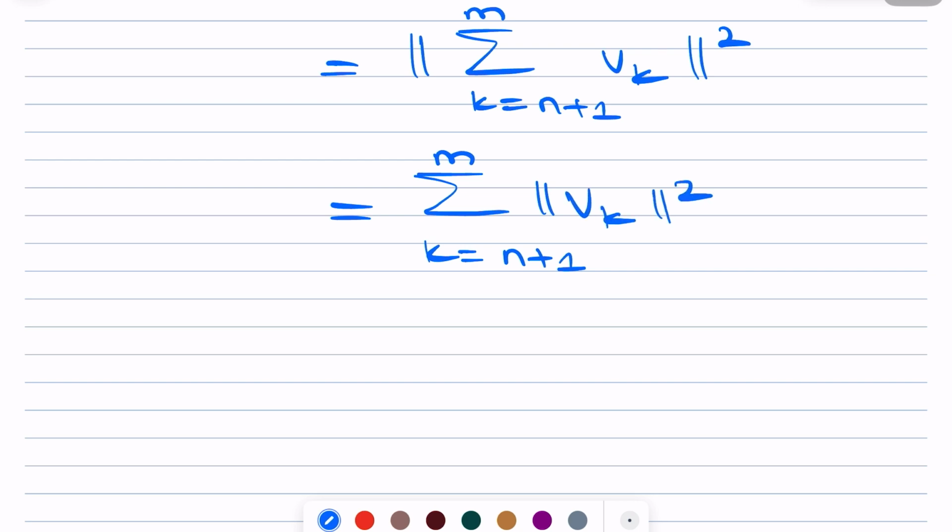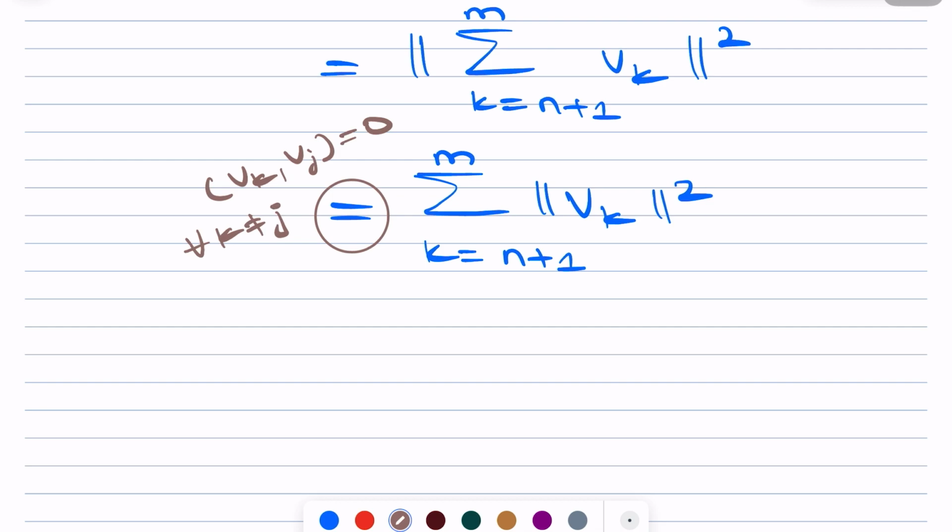You may wonder how we get this equality, but this actually follows from the fact that the Vn's are pairwise orthogonal. So the scalar product of Vk and Vj is equal to 0, provided that k is different from j.